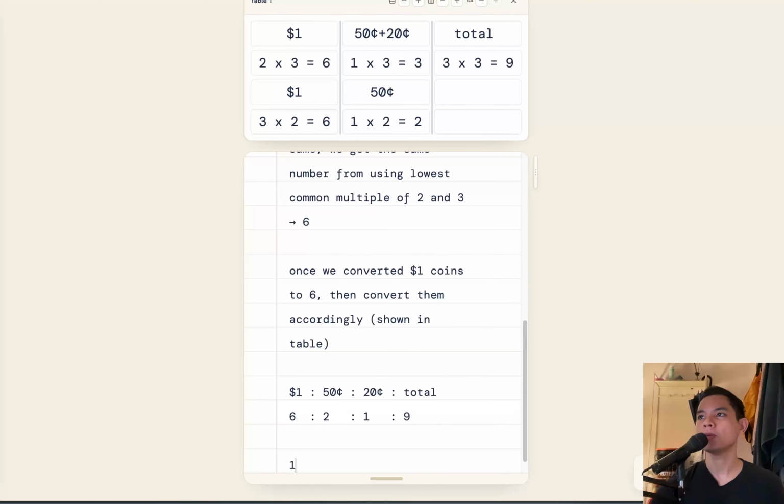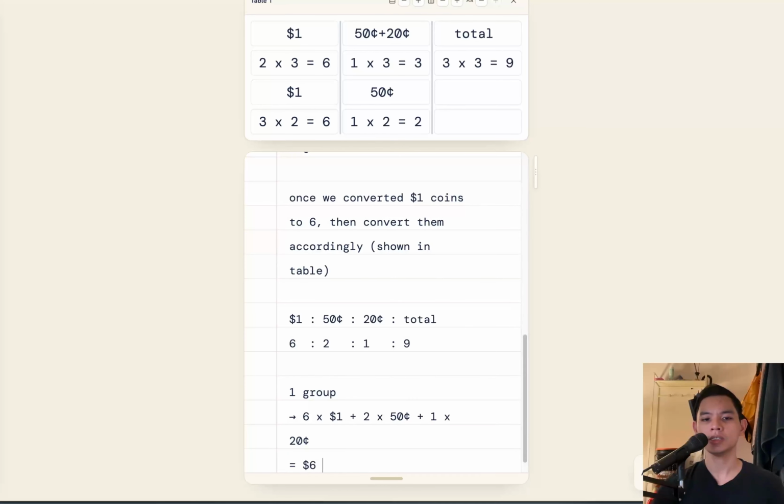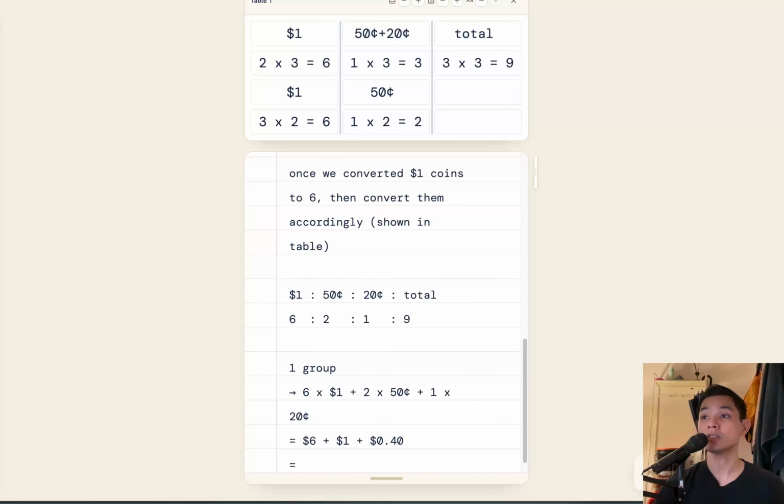So from here, one group would be equal to 6 times $1 plus 2 times 50 cents plus 1 times 20 cents. So this will be $6 plus $1 plus $0.20, which is $7.20.